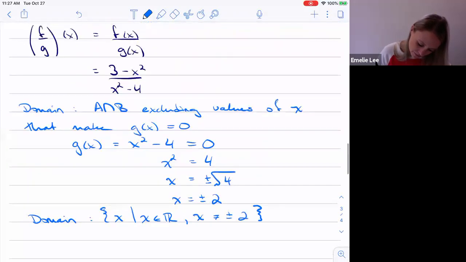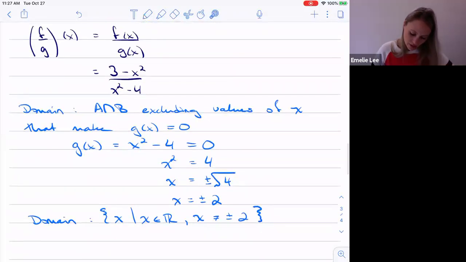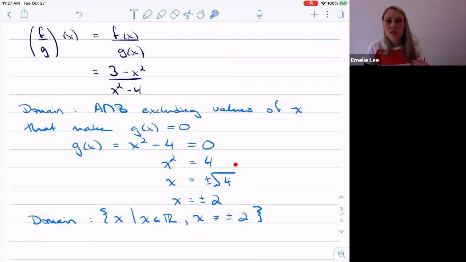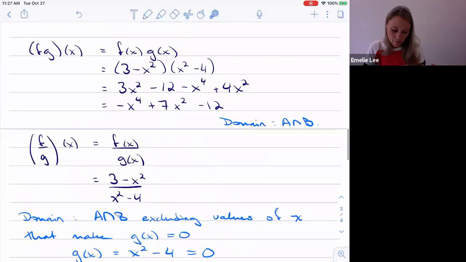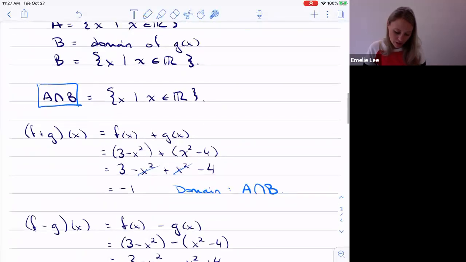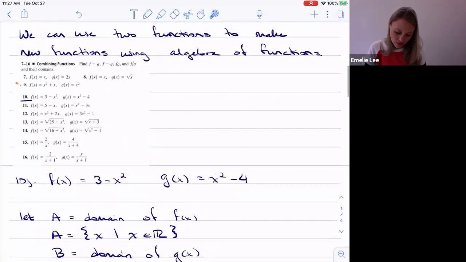So now, this is just one little added step, right? But now we've seen the algebra of functions just for these two very basic situations, right? And so which one do I want to do? Let's do 13. Let's do one with the root, just to see what's going on.